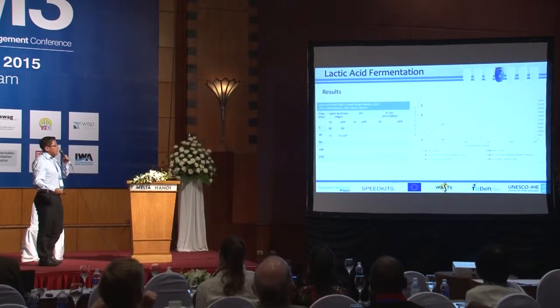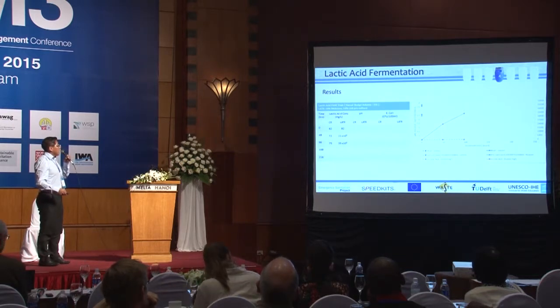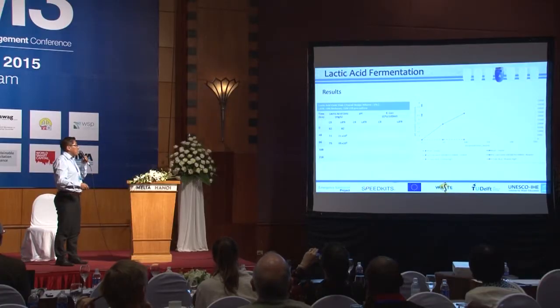The results of this treatment method, first of all, the lactic acid concentration. As I mentioned, it was applied 10% of inoculum and 10% of molasses at the beginning, but the concentration was increasing during the monitoring period.